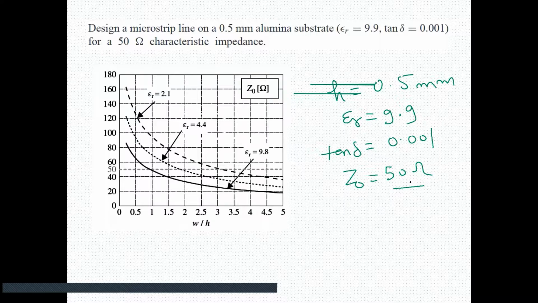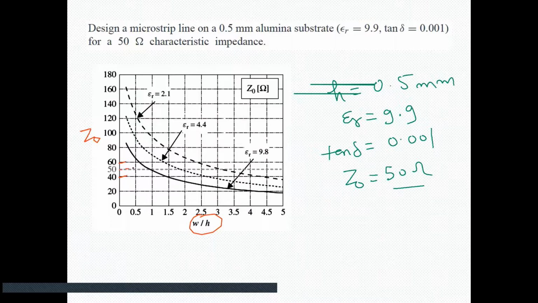So the value of epsilon_r is given, H is given. Now we require W by H. In this graph, you can see the relation between W by H and Z0. Here we have the line for Z0 40 ohm and this line is for Z0 60 ohm.